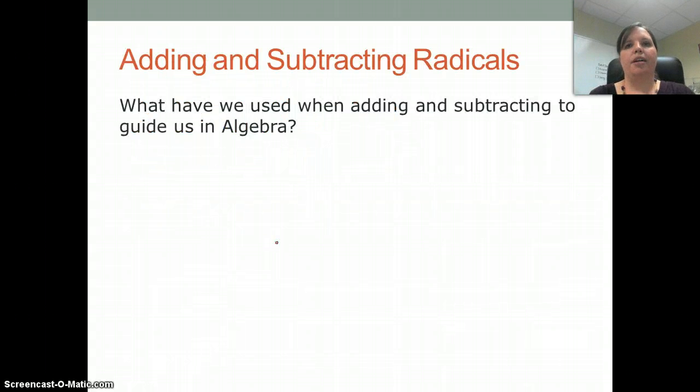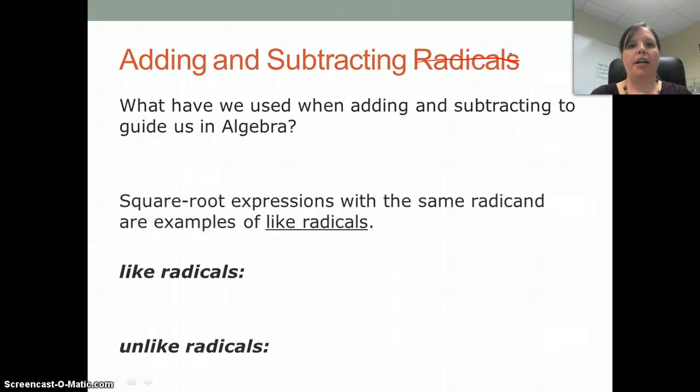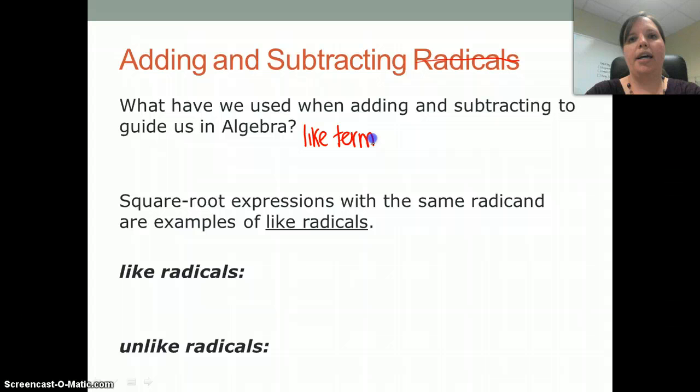What you really want to think of, let's almost cross out the radicals part, and think about what we've done when we've added and subtracted in the past this year. What have we used when we've done it in algebra so far? The answer is, hopefully you think this to yourself, when we add and subtract, we're always looking for like terms.